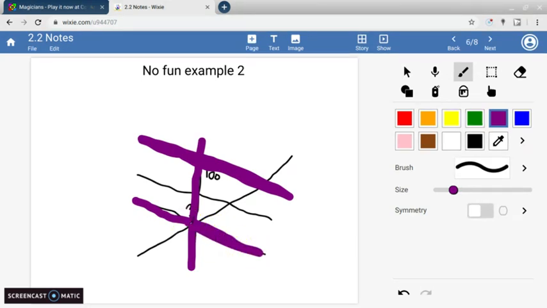So now you have it. The other lines that are there, you can just ignore because they do not matter in this question. How you would solve this is we see that these are alternate interior angles, because this is the interior area, like I already talked about, and this is the exterior.